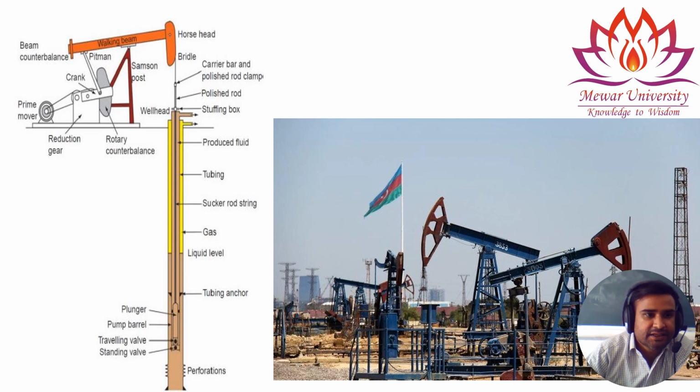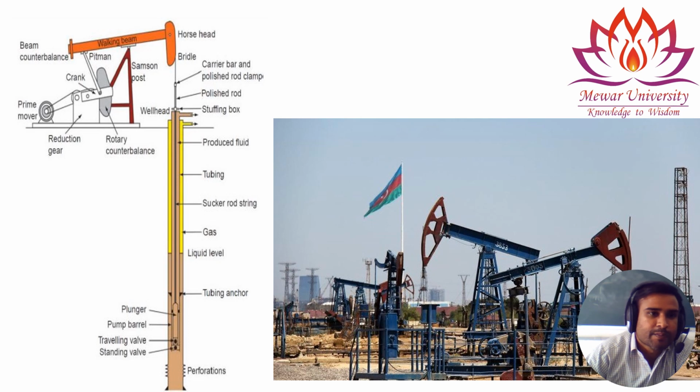Now this is a typical picture of a sucker rod pump. That's how the sucker rod pump looks. You can see this is a prime mover. This prime mover keeps on rotating, and it will rotate the crank, and the power will be transmitted using this belt, and the crank will further transfer the power to the beam.